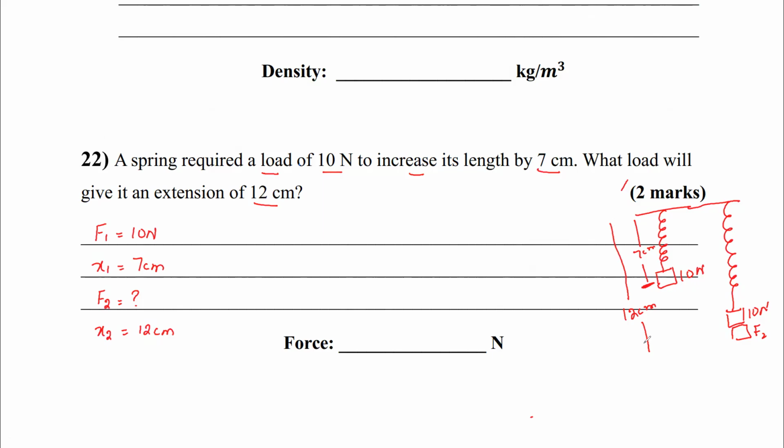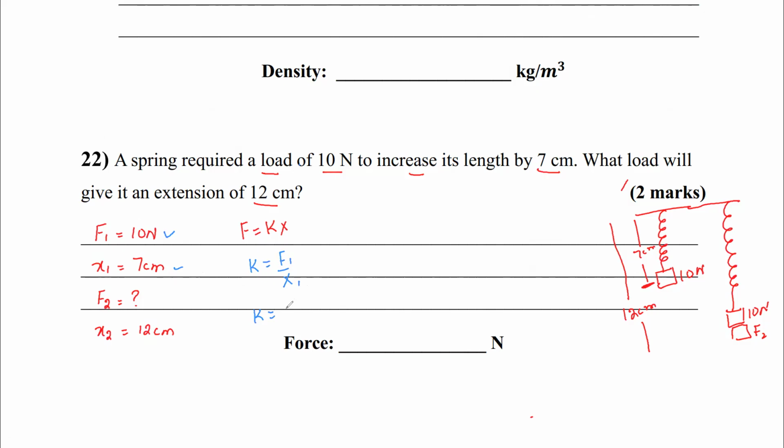We know the formula: F is equal to K times X. First of all, we have to know the value of K. Obviously K is equal to F divided by X. So we take F1 and X1.